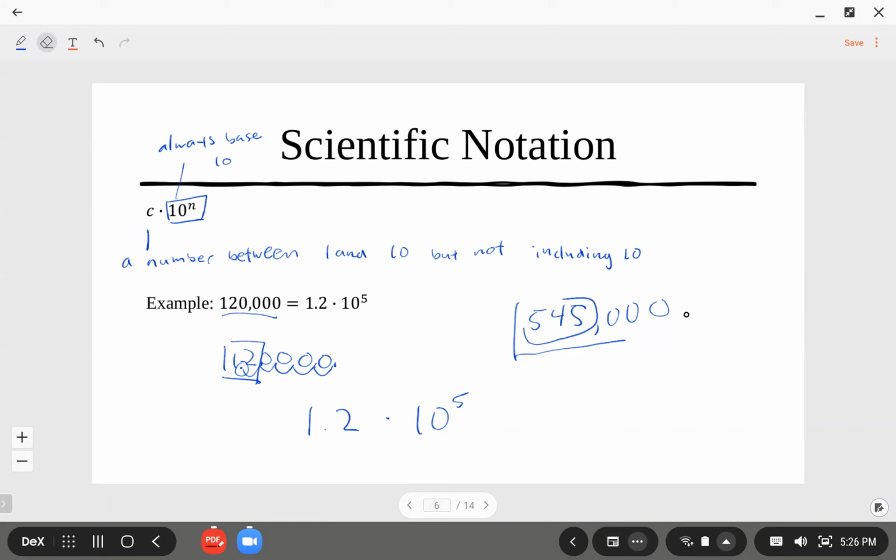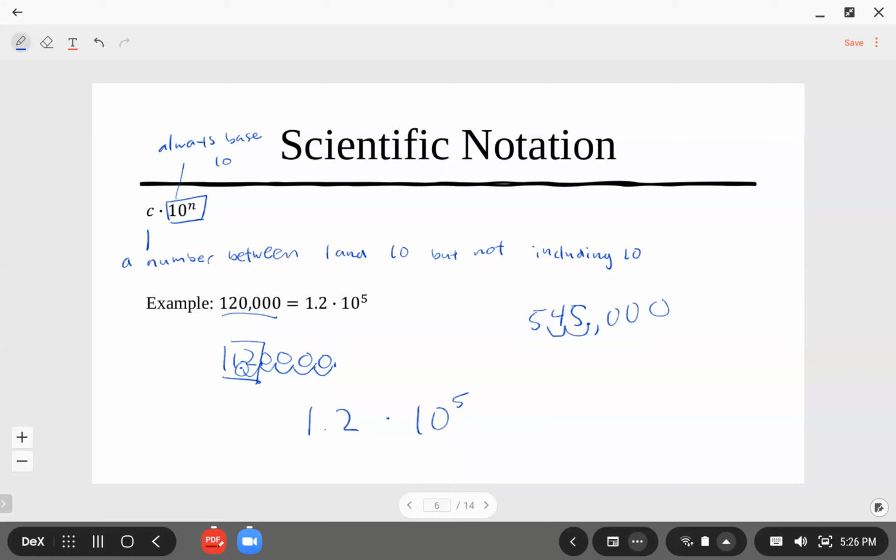Let me erase this box. There we go. So we have to turn 545 into a number between 1 and 10, but not including 10, right? So let's move the decimal point 2 places to the left.